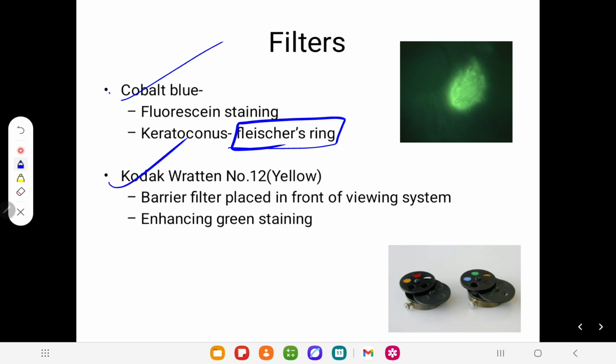Sometimes the Kodak Wratten number 12 filter, I haven't used that particular filter. I think it's outside of the system. I don't see it in a particular slit lamp. Maybe I haven't used it, but I don't know about it.